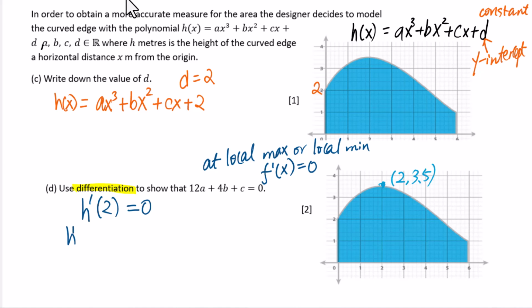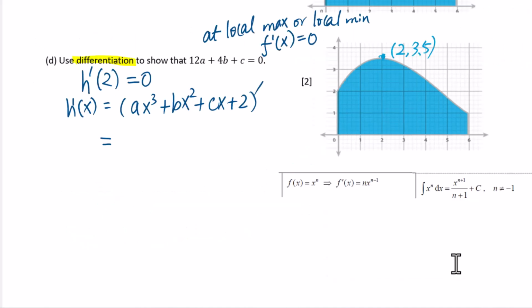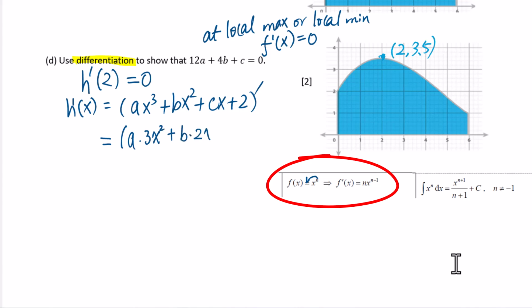First of all, we need to figure out h'(x), the derivative of ax^3 + bx^2 + cx + 2. So we have a times 3x^2 plus b times 2x plus c. The constant will be 0.